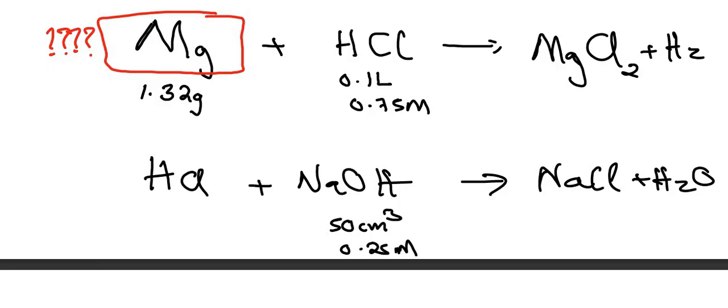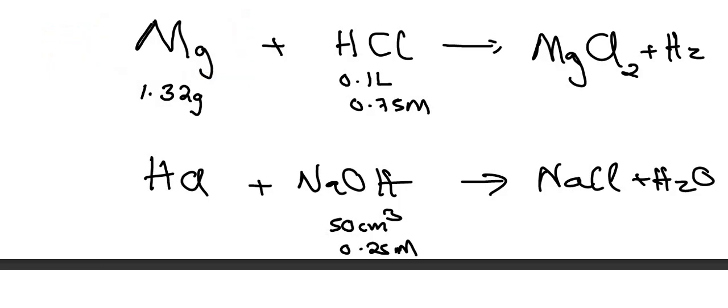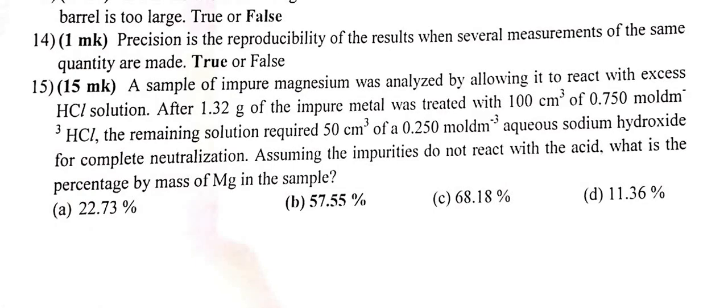So this is a backward reaction or titration. How do we know whether an experiment is a backward or a forward titration? The question that they're going to ask you: are they going to ask you about something in the first or in the second equation? Because here, are you okay with how we formed our two equations? We have the first equation and we have the second equation based on the information given here.